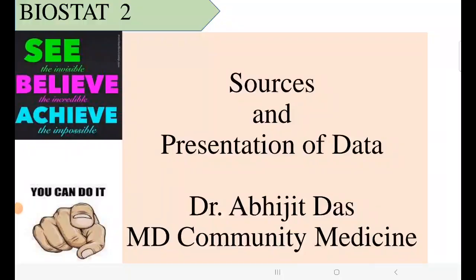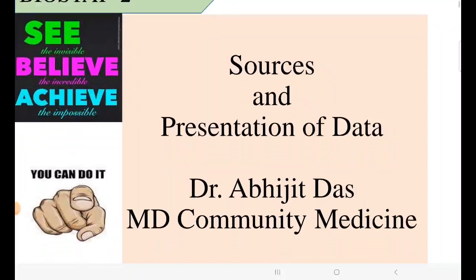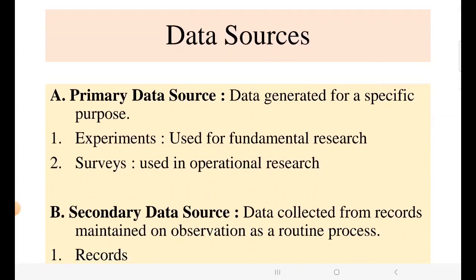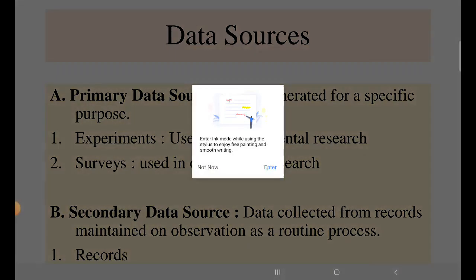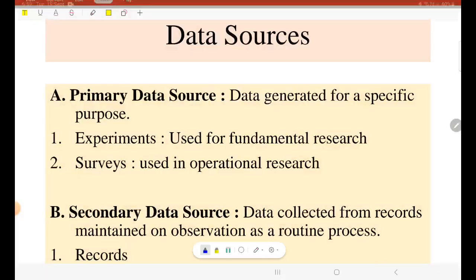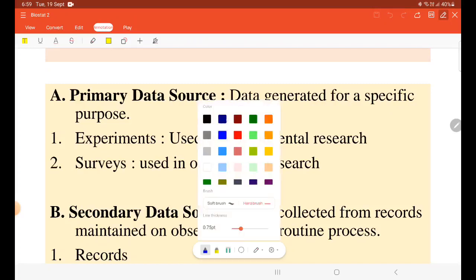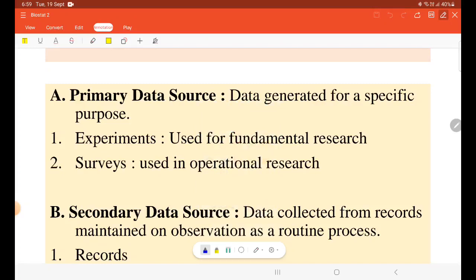Hi, so let's start the discussion on sources and presentation of data. So what are the data sources? Data sources can be primary data source, data generated for a specific purpose, such as experiments and surveys.